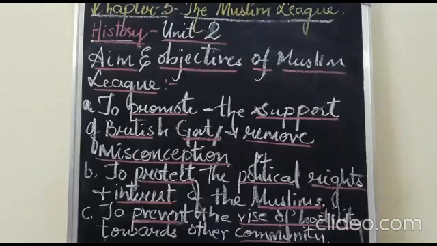Well, before we go into Unit 2 of the lesson Muslim League, let us take a quick recap of what we have done in Unit 1. We have learned how the Britishers were responsible for the rise and growth of communalism in India, and the factors that led to the formation of the Muslim League.